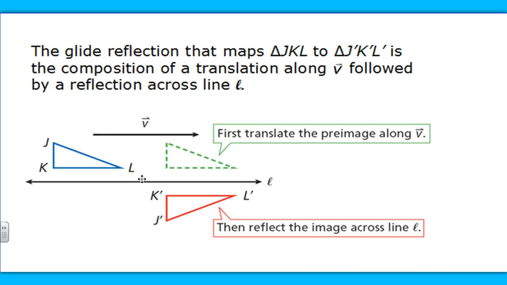So a glide reflection that maps JKL to J'K'L' is the composition of a translation along vector V followed by a reflection across line L. So first a translation along the vector V and then boom, a reflection across line L.